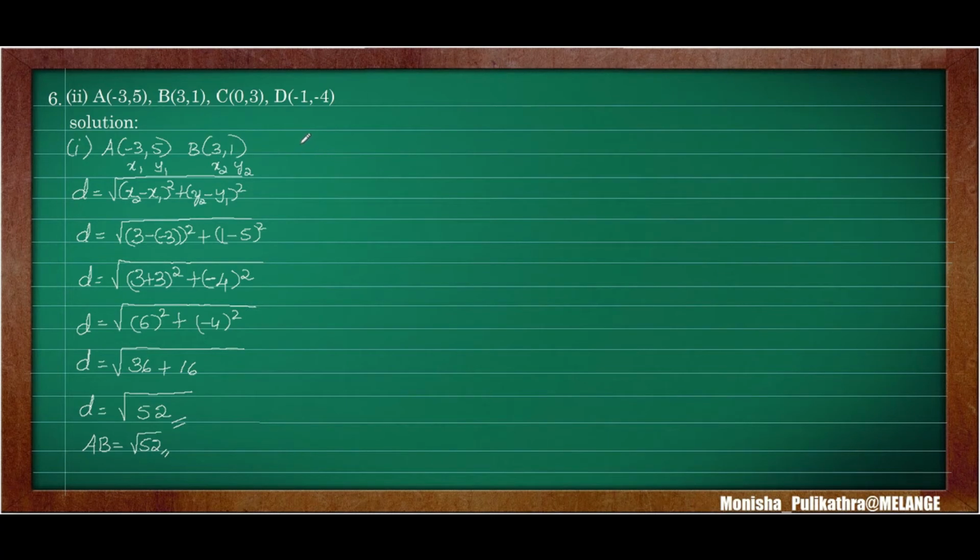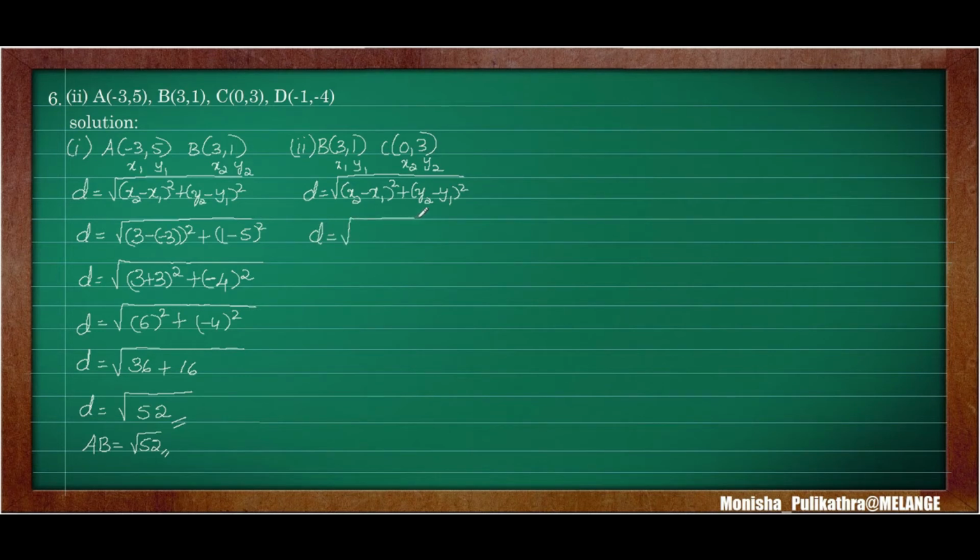Okay, let us find the second case, that is BC. Here B is (3, 1) and C is (0, 3). So this is x1, y1 and x2, y2. Apply the distance formula. D is equal to square root of (x2 minus x1) whole square plus (y2 minus y1) whole square.